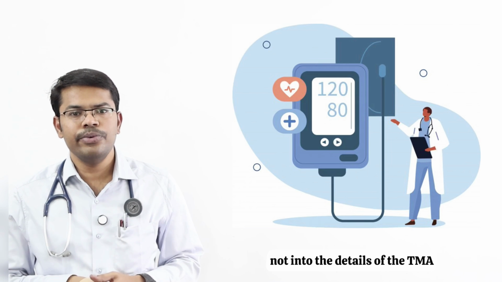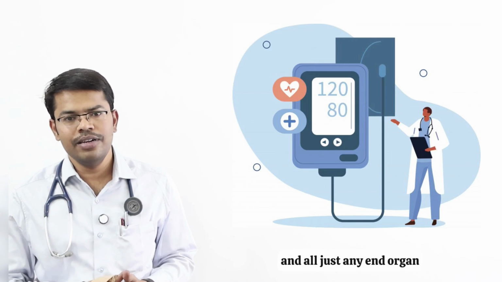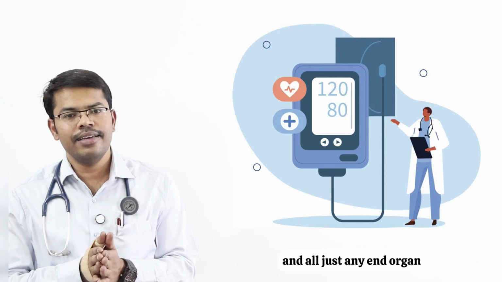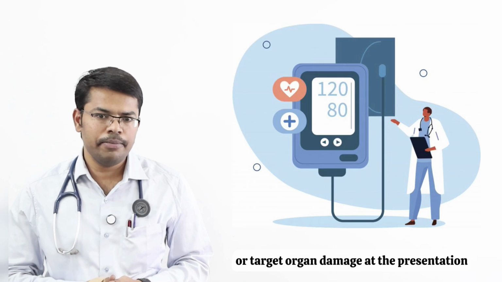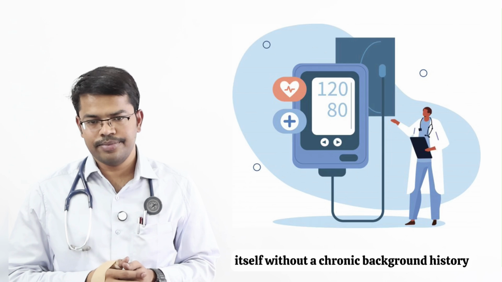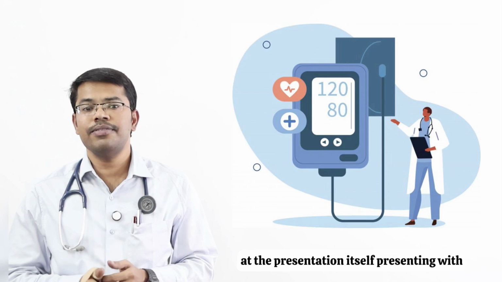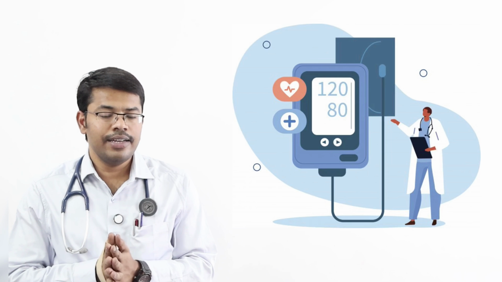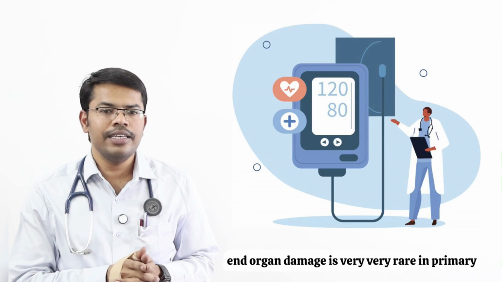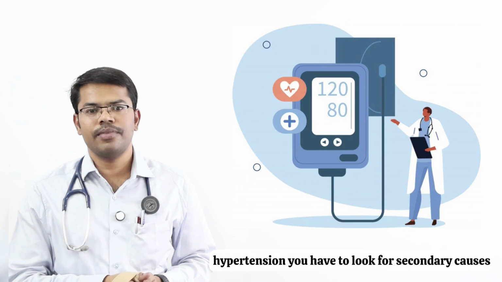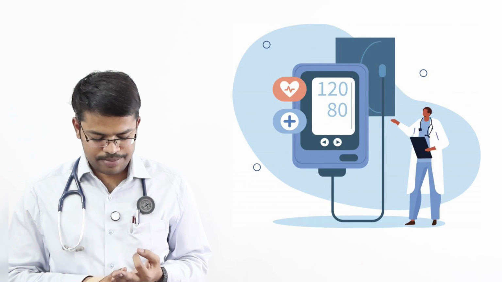Not going into the details of TMA, just any end organ or target organ damage at presentation itself, without a chronic background history, is very, very rare in primary hypertension. You have to look for secondary causes.